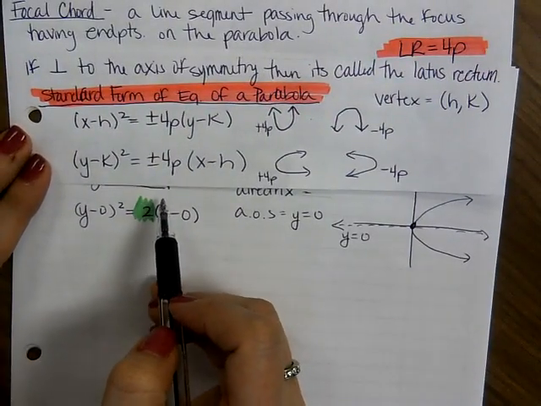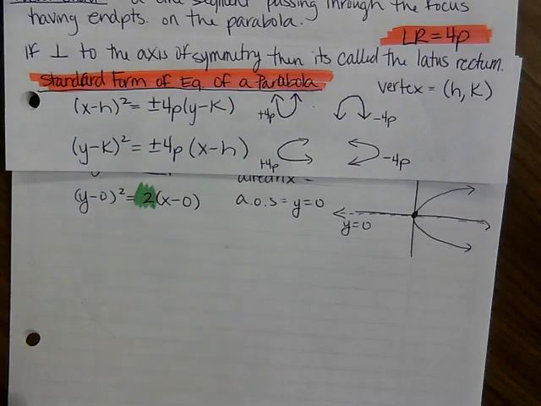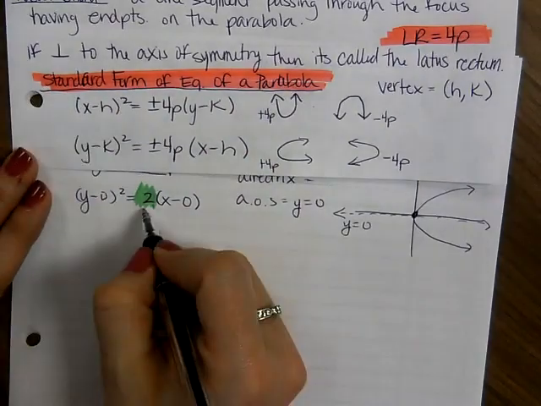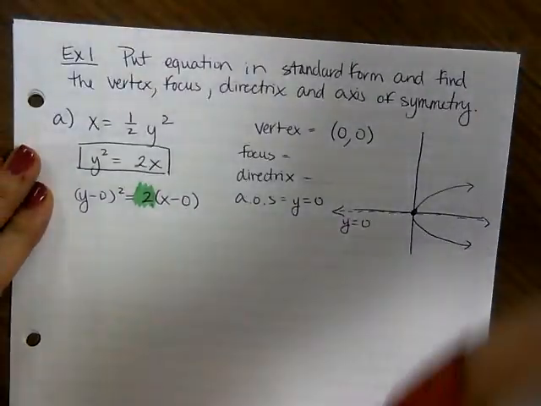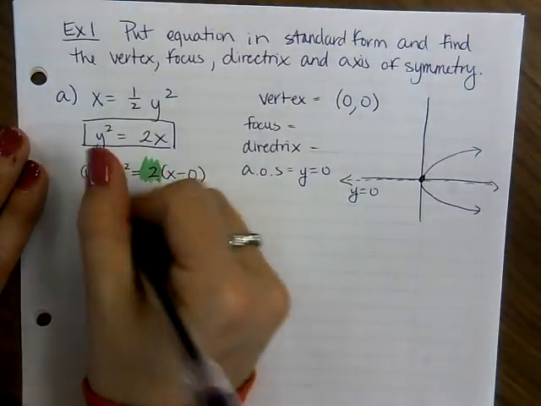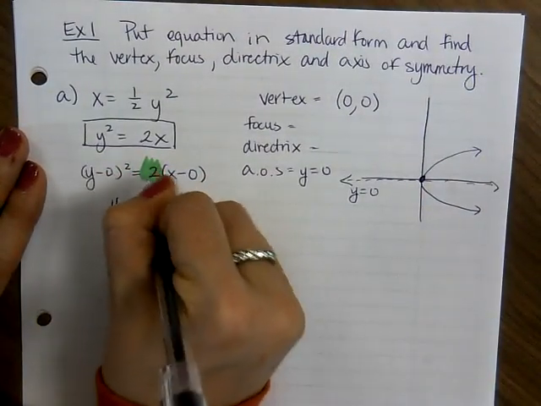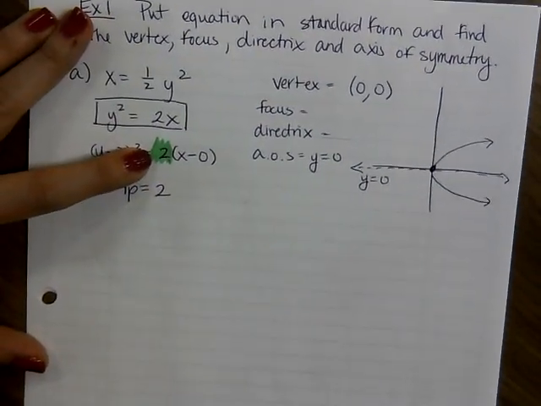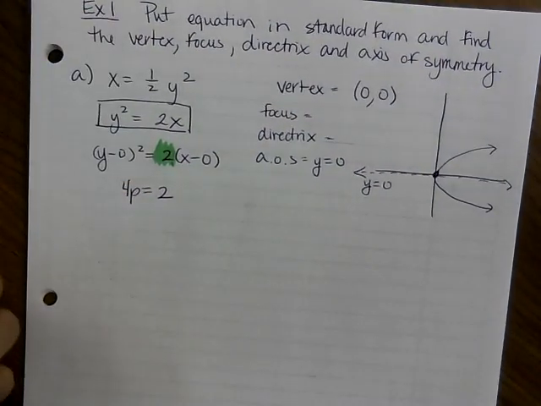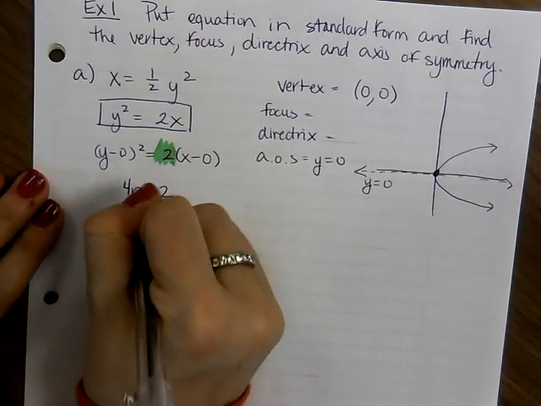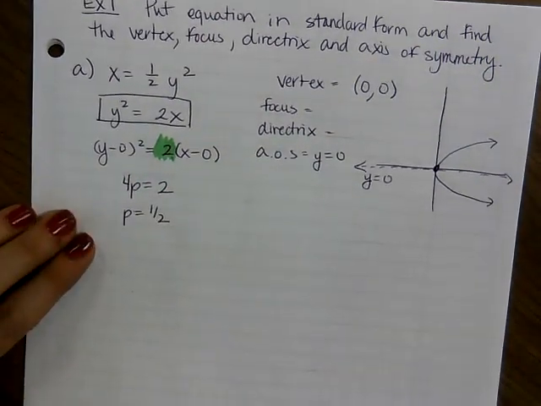Whatever value is being multiplied by that x term in this case, we can set equal to 4p. So I'm going to set it equal to a positive 4p, because this number is positive. If it was negative, I would set it equal to a negative. Now think about why. So when I solve, I get p equals a half.